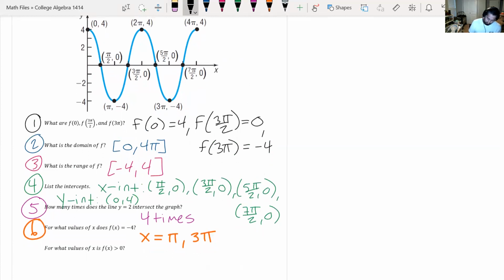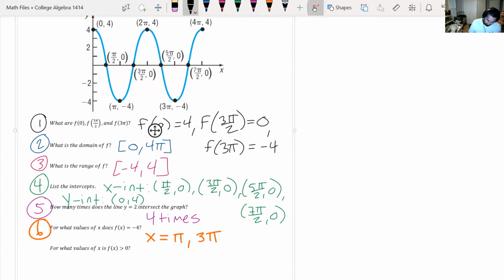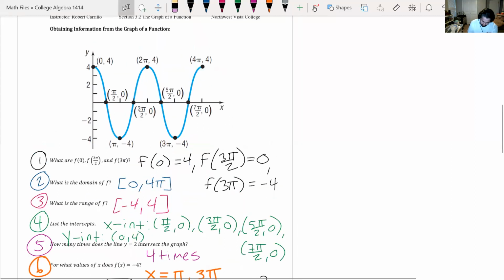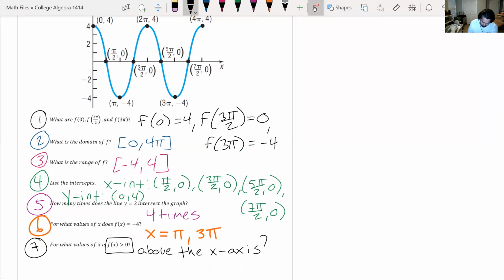All right, last one. For what values of x is f of x greater than 0? So what we want to know is, for what values of x are we above the x-axis.